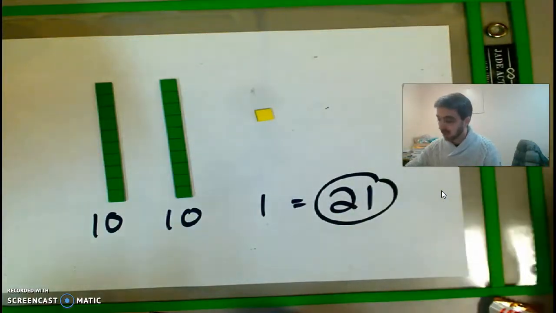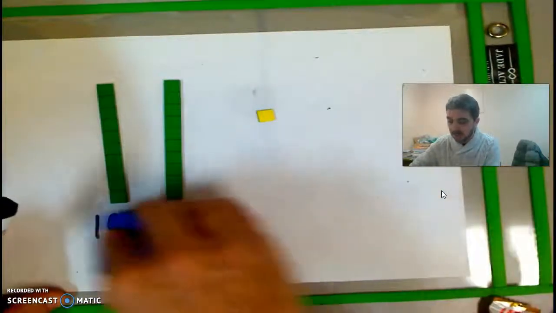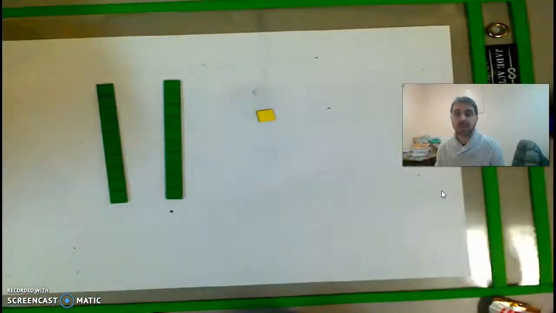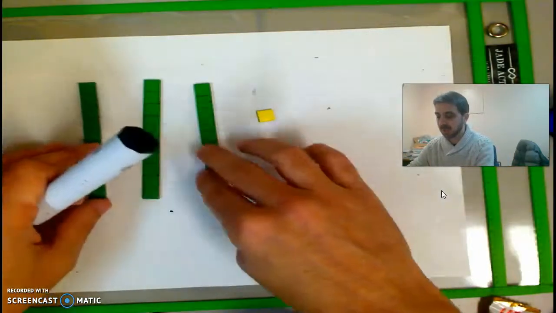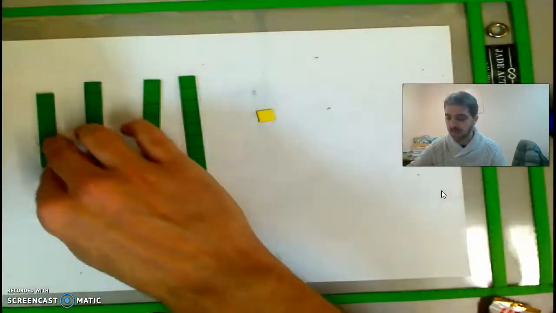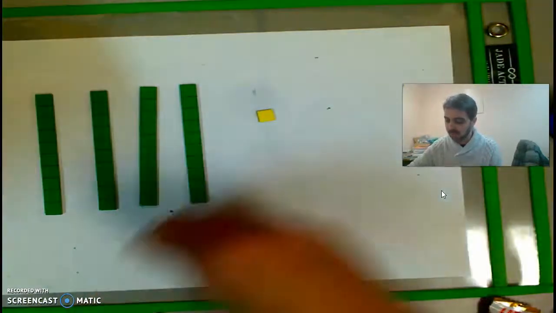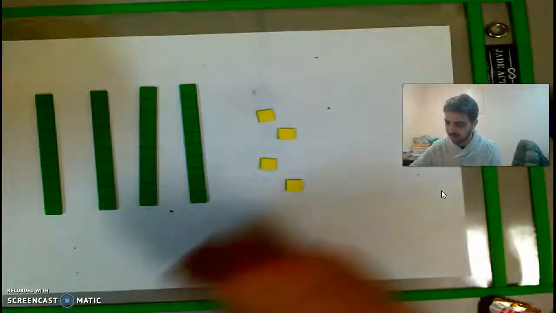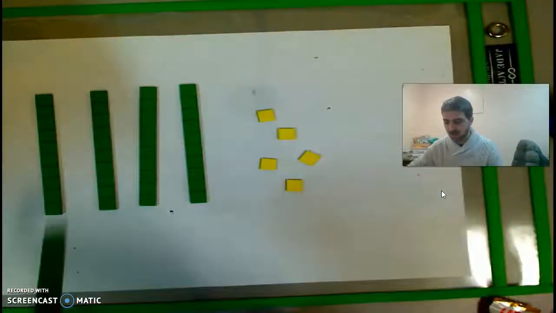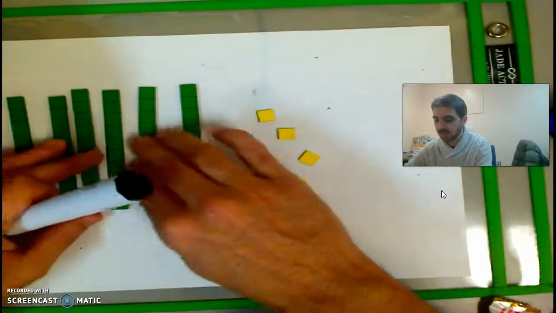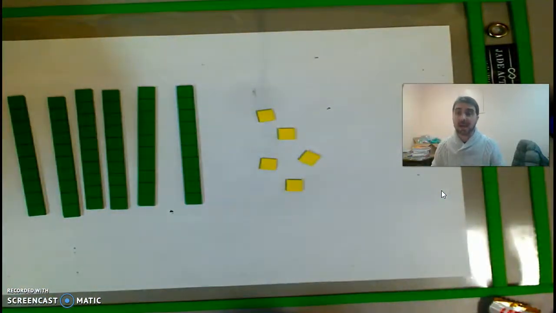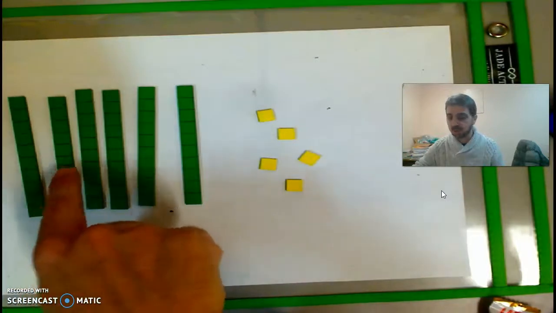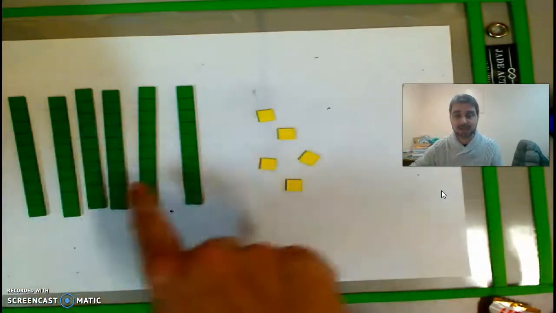All right. So now that we know this, let's see if we can help Bob with his project. Let me just do one more example to make sure that you understand what we're doing here. So if I put down 6 of these, I have 1, 2, 3, 4, 5, 6 bags of candy.